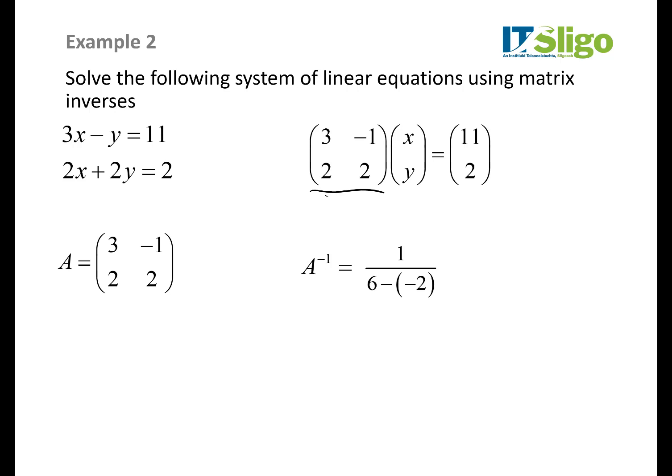The inverse is going to be 1 over the determinant. Sorry, I'll go back to this matrix. The determinant is the product of the diagonal minus the product of the other diagonal. So 3 by 2 is 6, minus 1 by 2 is -1. So be very careful with the minuses there.